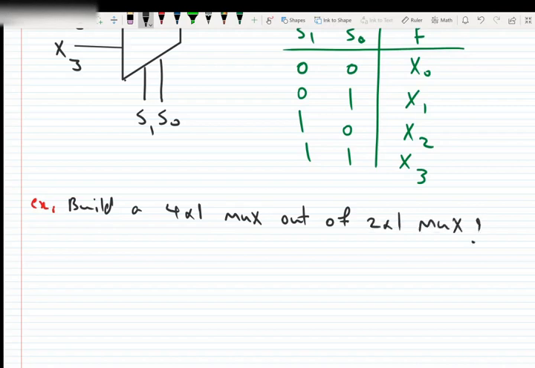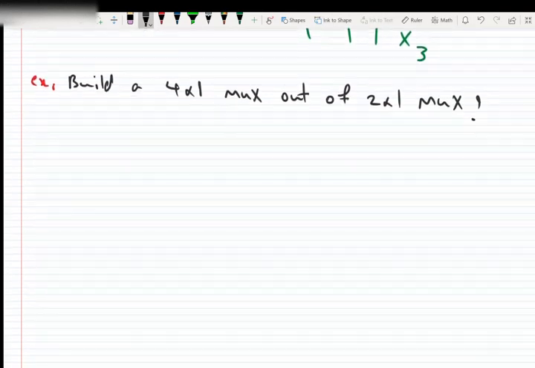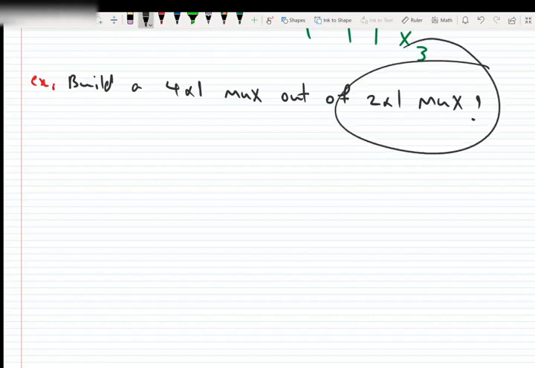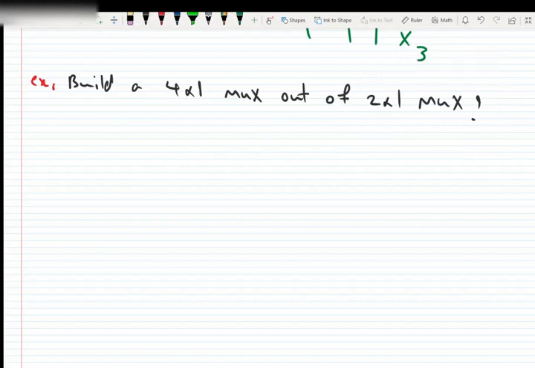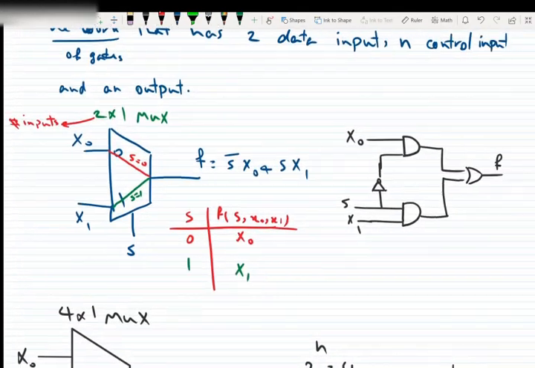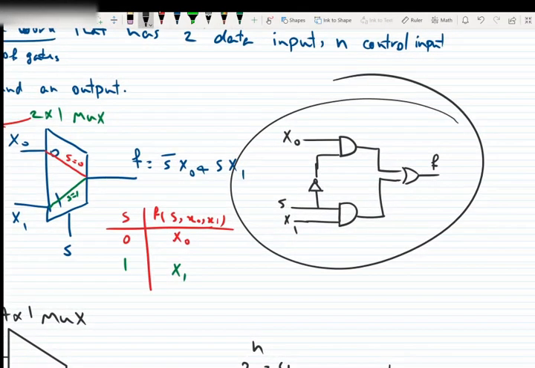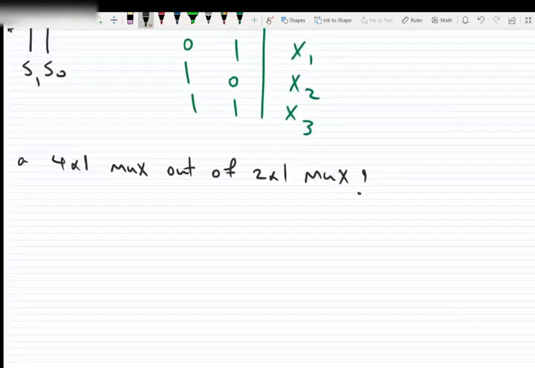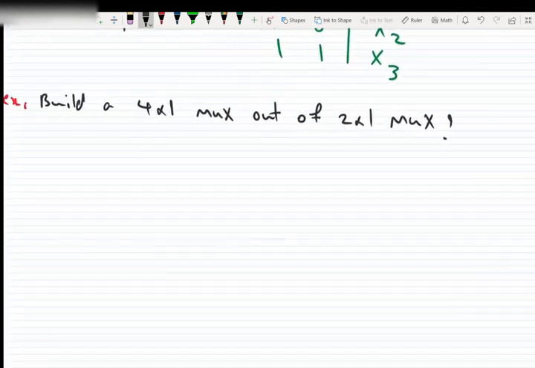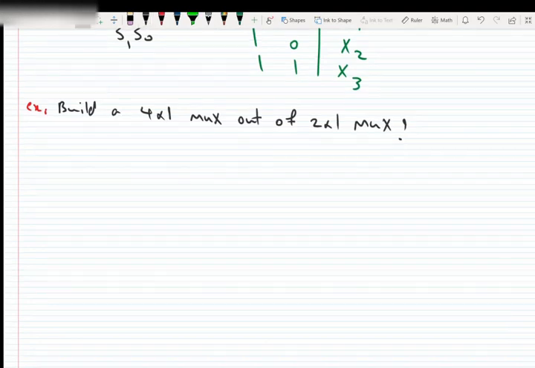So it says that we have 2 by 1 multiplexers, and we want to build a 4 by 1 multiplexer using these 2 by 1 multiplexers. By the way, we don't have to build a 4 by 1 multiplexer using 2 by 1. We can build a 4 by 1 multiplexer like this by drawing the combinational circuits. But in this specific example, it asks us to design it with 2 by 1 multiplexers.